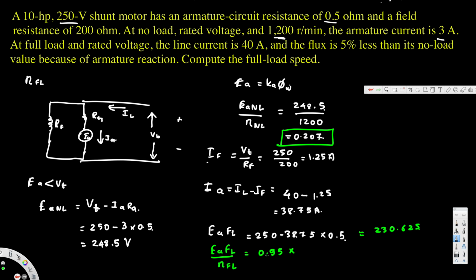Because the flux is 5% less than its no load value, 95% of the flux is 95% of the no load value. So if you multiply this one by 0.95, that gives us the full load value. 0.95 times 0.207, and if you multiply, you will get 0.197.